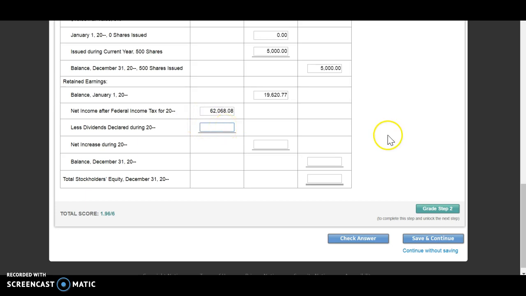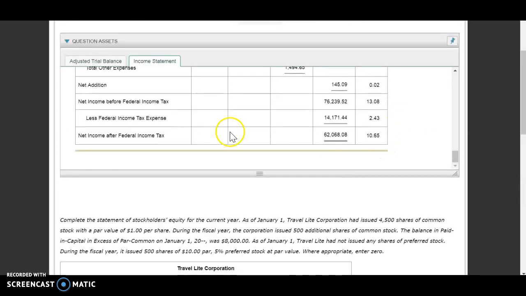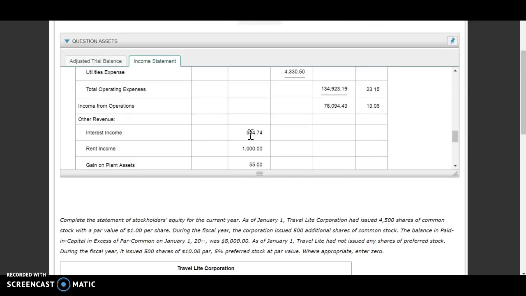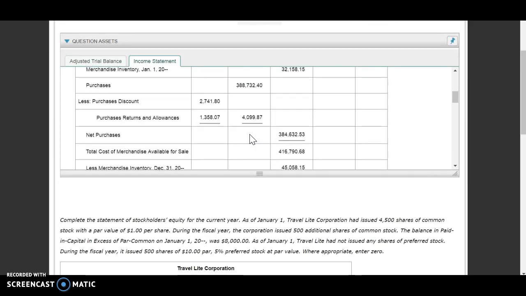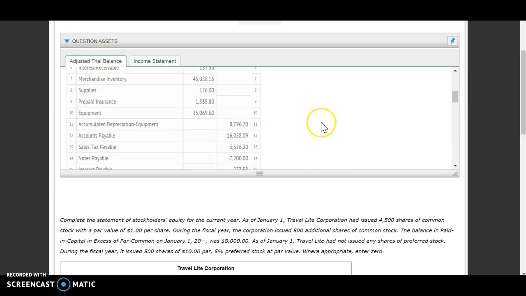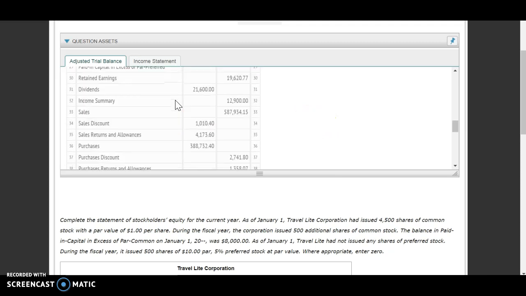Less our dividends that were declared during the year. So for that one, sorry, we're going to go to our adjusted trial balance, not our income statement. And we're going to find our dividends.